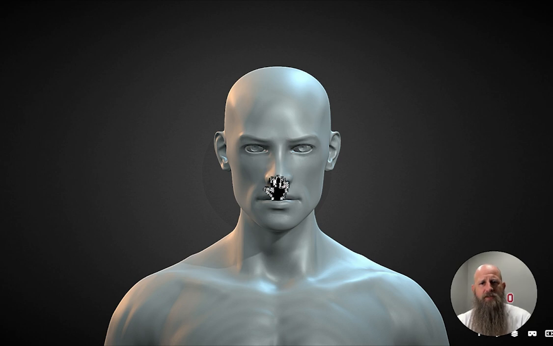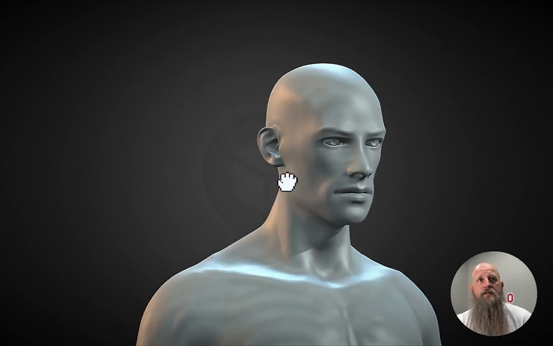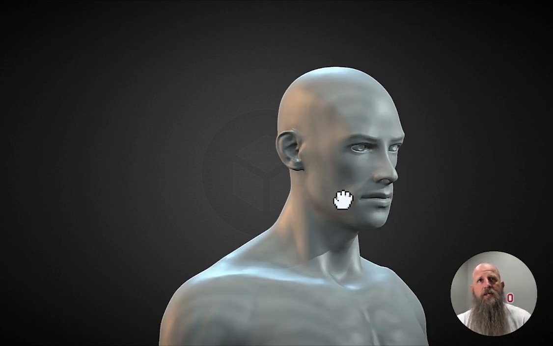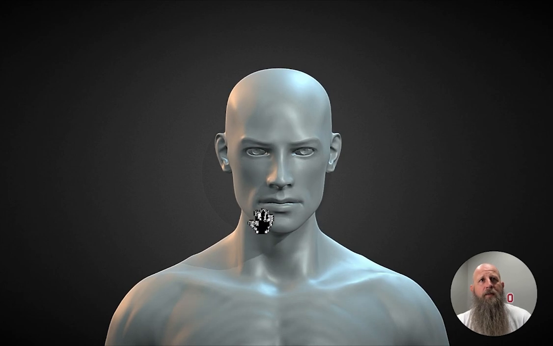You have the nasal region, that's going to be your nose. The zygomatic region, that is like your cheekbone right here. And then if we turn this sideways and look at a lateral view, this is the buccal region. The cheek is the buccal region. Around the mouth, this is the oral region. So the mouth is the oral region.